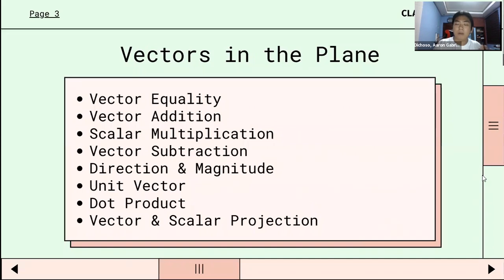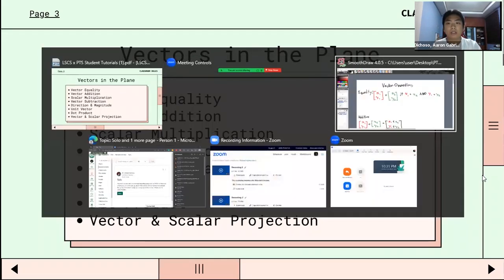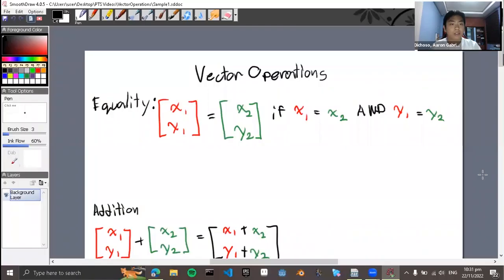And we are going to talk about the various operations that we can do to these vectors. So first, let us go to vector operations in space. So here we have various operations written down for vectors. So first, we are going to have equality.